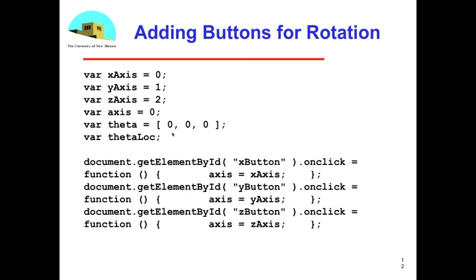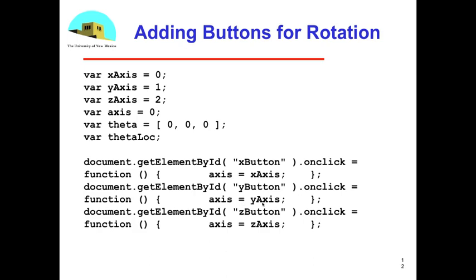I do the standard thing of setting up a uniform variable for theta, which is going to be in thetaLoc. Here's how I set up the buttons; they're really simple. This is the JavaScript side. The HTML side is exactly as we've seen before. And all it does is say if you click the X button, make the present axis be the X axis.